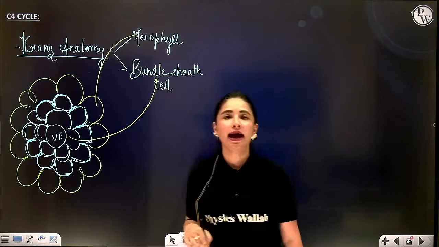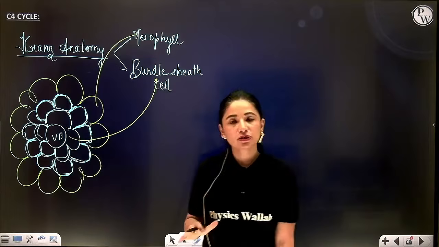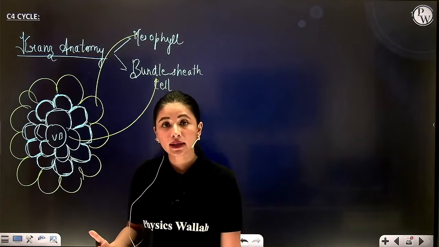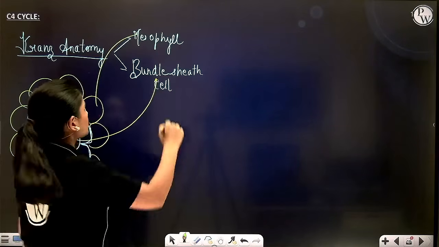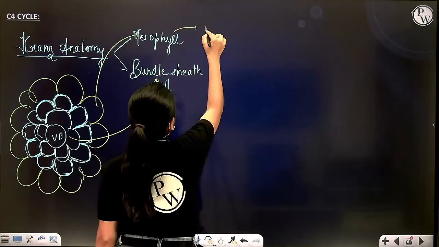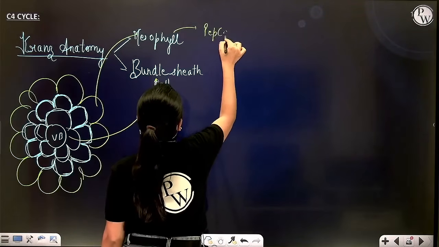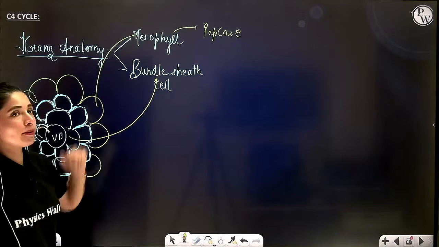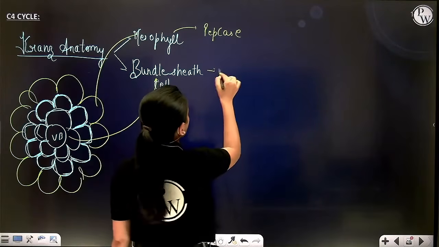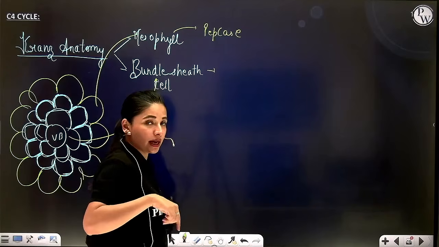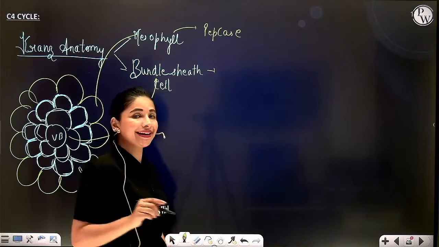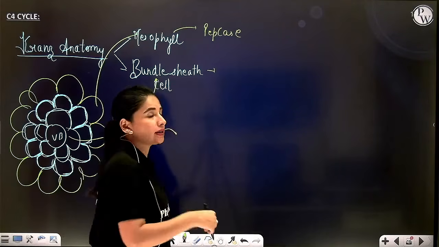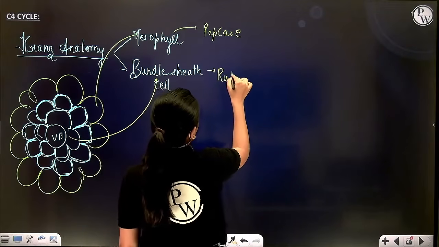Mesophyll cells have PEPcase but lack the Rubisco enzyme. Bundle sheath cells lack PEPcase, but their chloroplast stroma contains the enzyme Rubisco.